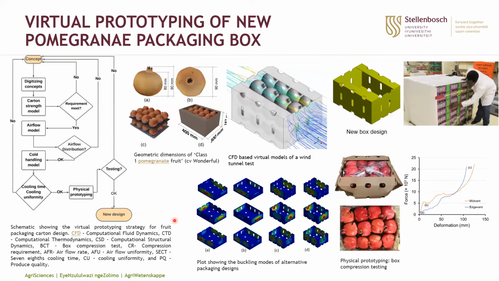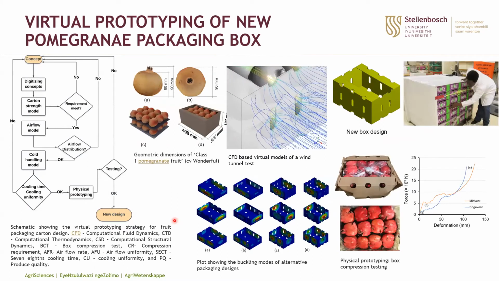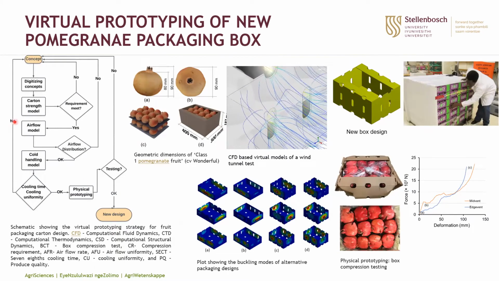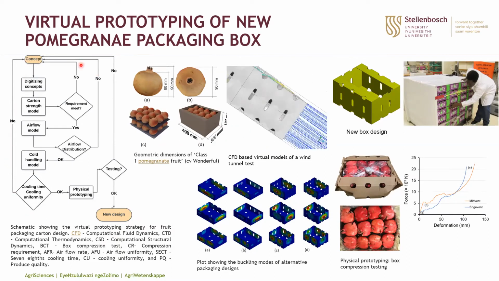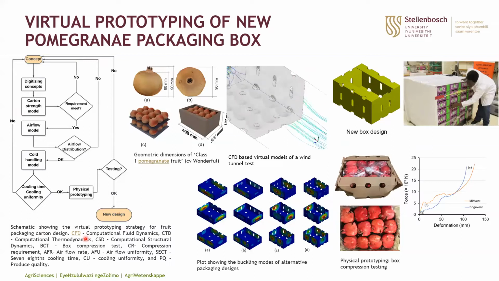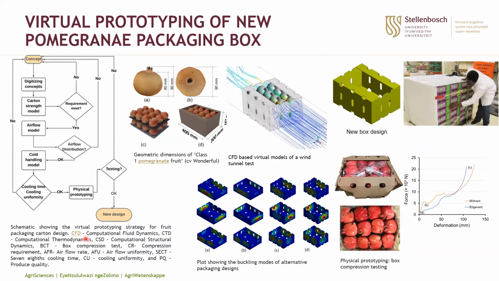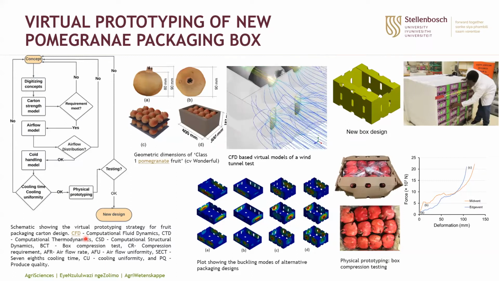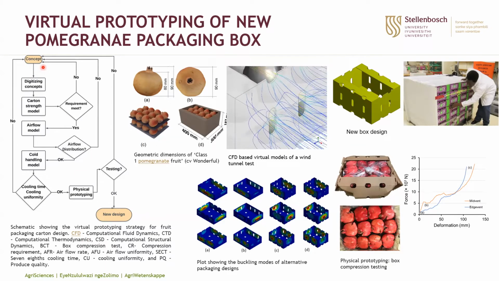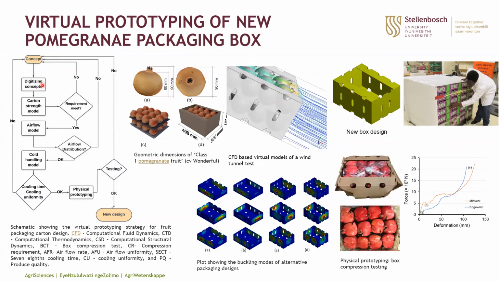And then, continuing that aspect, we came up with this flow diagram, which is an attempt to virtualize the whole carton design process in a computer. It starts from a concept, a digitized concept, as you see here.